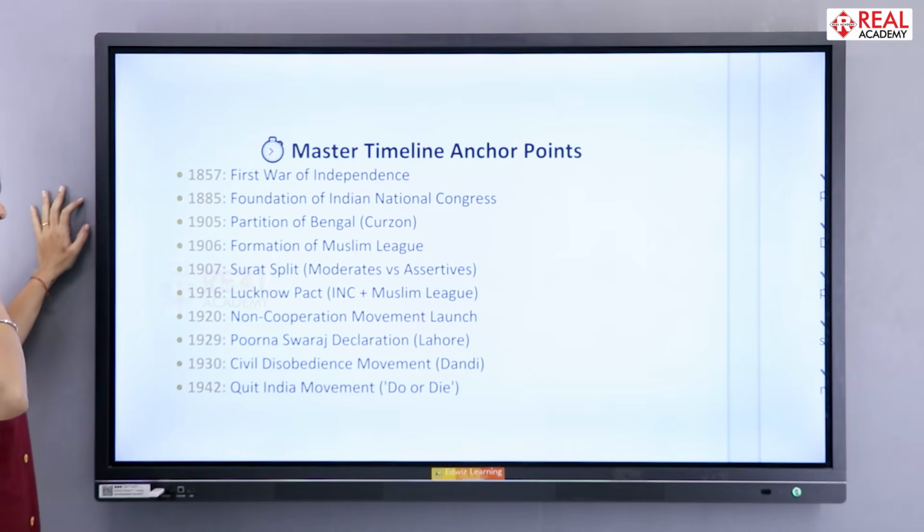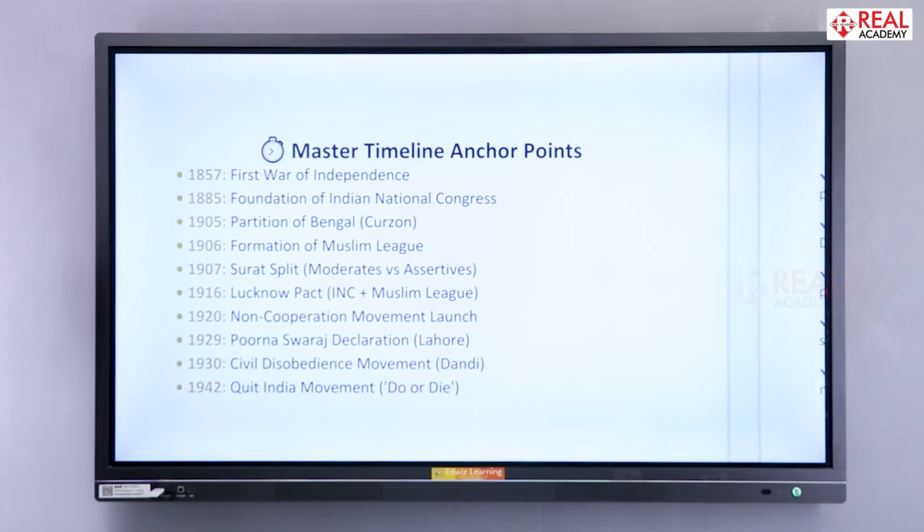Then 1942, we come up with Quit India, where we have the do or die slogan. All right. So this is how you prepare your timeline here.